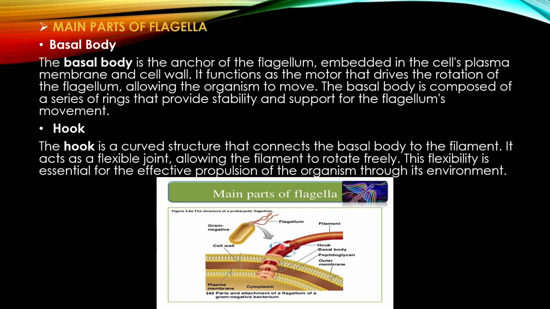It allows the flagellum to move and makes the bacterium move. And the basal body is composed of a series of rings that provide stability and support to the flagellum's movement.